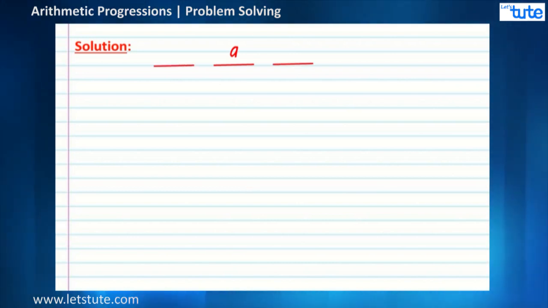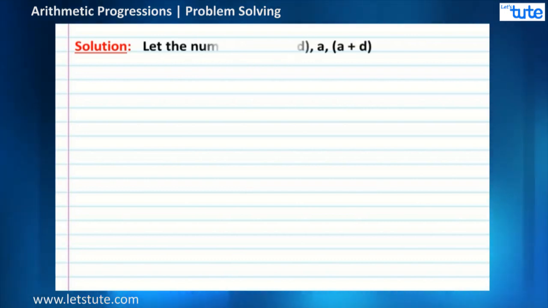So the term preceding A will be less than A, that is, it will be less than A by a constant difference which is D. So we can write the term preceding A as A minus D. Similarly, we can write the term succeeding A as A plus D, as it will be greater than A by a constant difference. So we got the three terms, A minus D, A and A plus D.